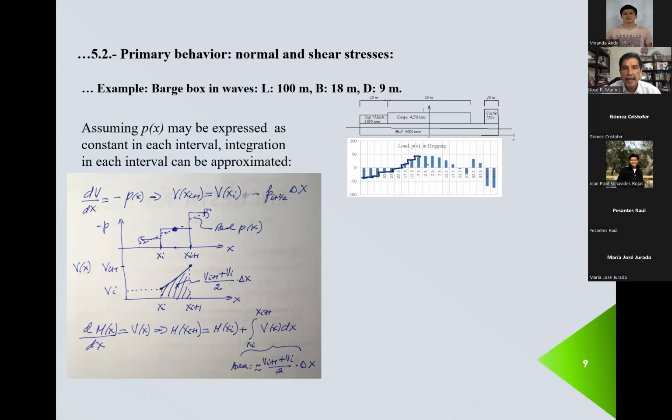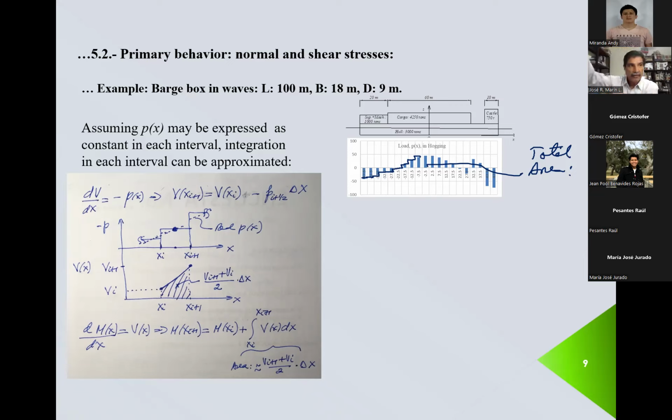The total area below this loading has to be equal to what and why? Anybody? In 0. Why? Because we're in equilibrium. Exactly. So in P, you have minus W plus buoyancy.